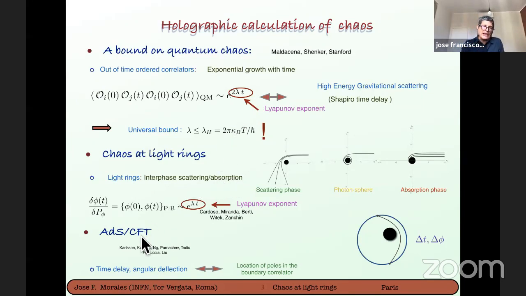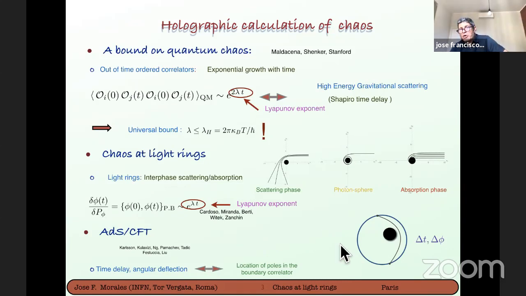Finally, I would like to mention one of the initial motivations for this work, which comes from the work of these gentlemen. They study scattering in AdS, and they relate the time delay and angular deflection of the geodesics to the location of the poles in the boundary correlator. Now, our question was how this picture gets modified if you consider geodesics passing near the photosphere.